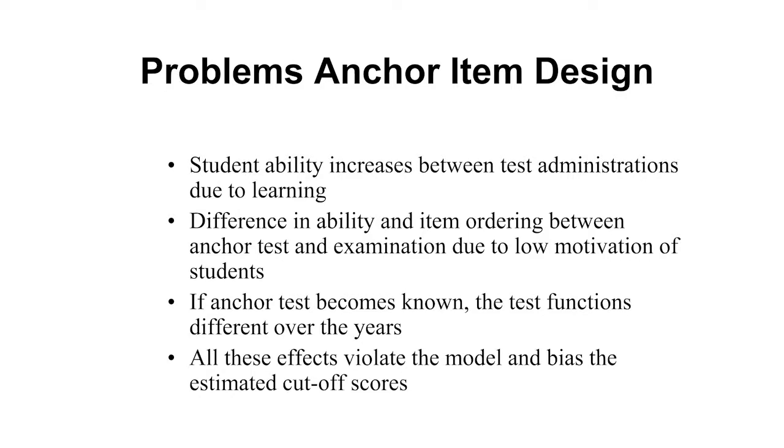That design did not work for several reasons, so let's sum them up. First of all, the anchor test was always given prior to the examinations. However, students study very hard the last 2 weeks, and they change their proficiency level. In principle, that's not so bad if all the students have the same gain.